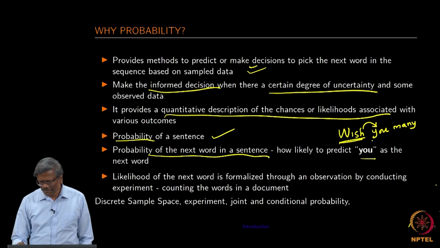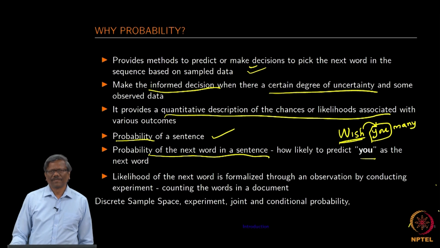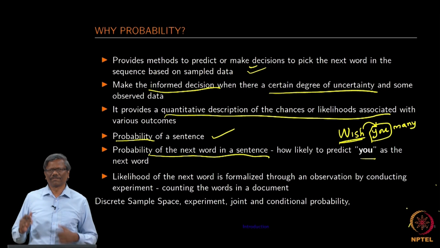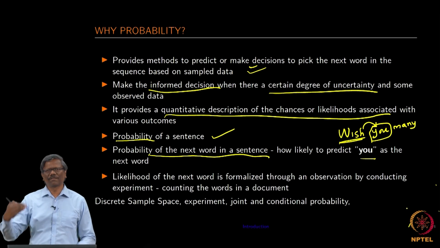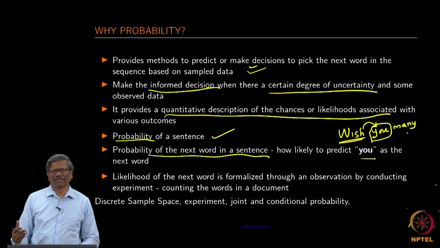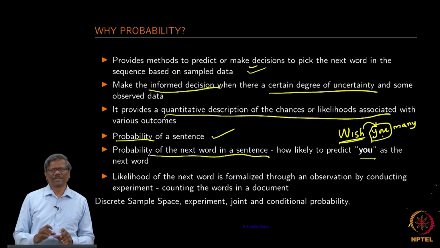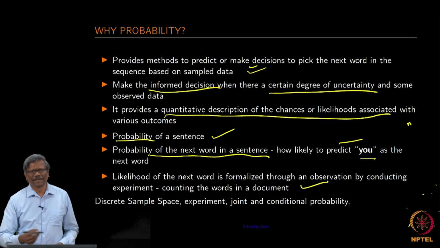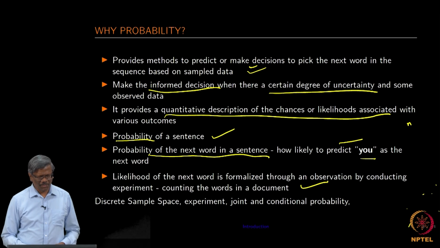The probability of this word coming in after wish is so much, there is some number that will come along with that, and there could be several words that could be coming after wish, right. Based on which one has the higher value, that particular word would be picked up as the next word. So, this is something that we already spoke about.